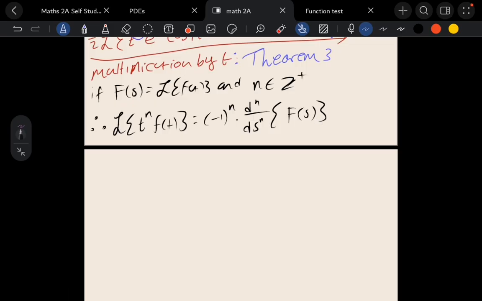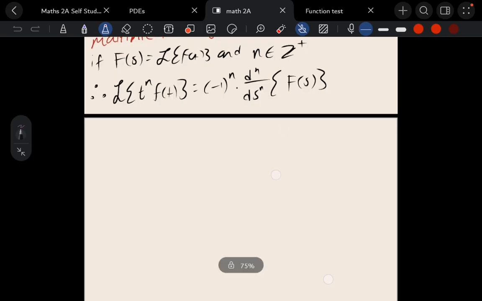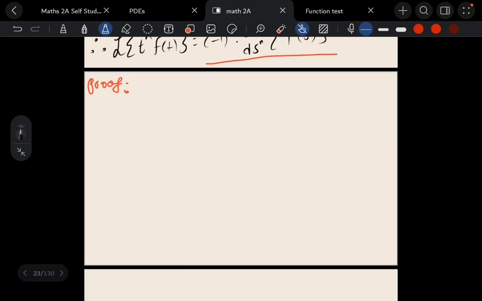So we need to prove this, and we are going to use this part to prove it. Now the proof will be (-1)^n d^n over ds^n of F(s) is equal to what?